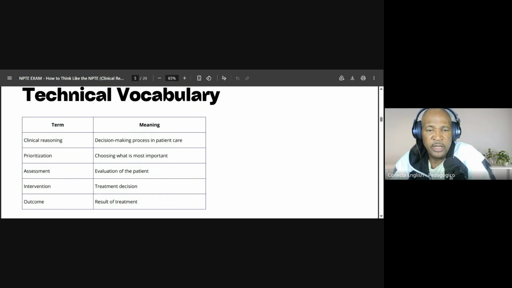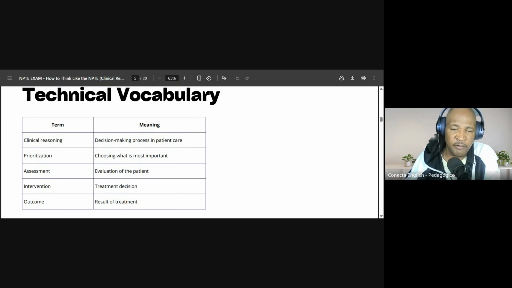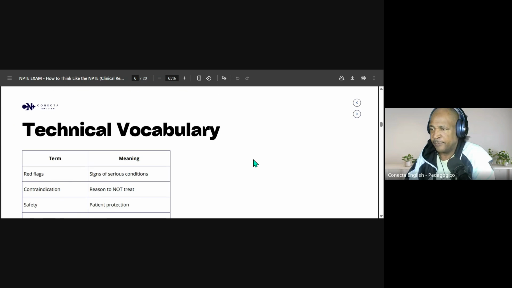Prioritization is basically choosing what is most important. Assessment is evaluating the patient. Intervention is basically the treatment decision that you made, and the outcome, the results of the treatment, right?